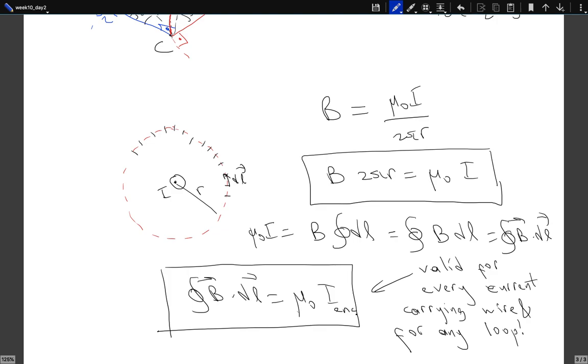The integral of the magnetic field around any closed loop will always be equal to mu0 times the total current running through the area bounded by the loop. And not to have any factors of pi over here, we just put the pi's over there in mu0 and then divide by 2 pi.